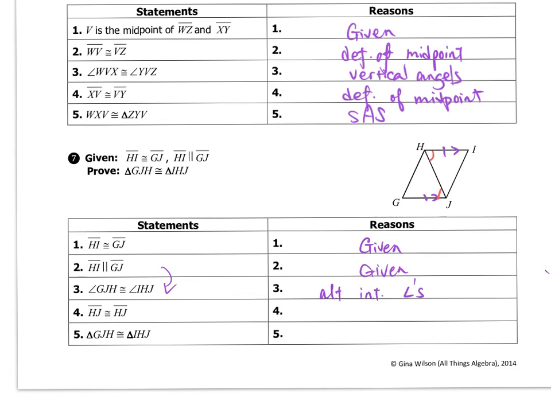HJ and HJ are congruent by reflexive property. So this line is congruent. And now I have two lines that are congruent with a sandwiched angle. That's SAS. By SAS, I can prove the two triangles are congruent.